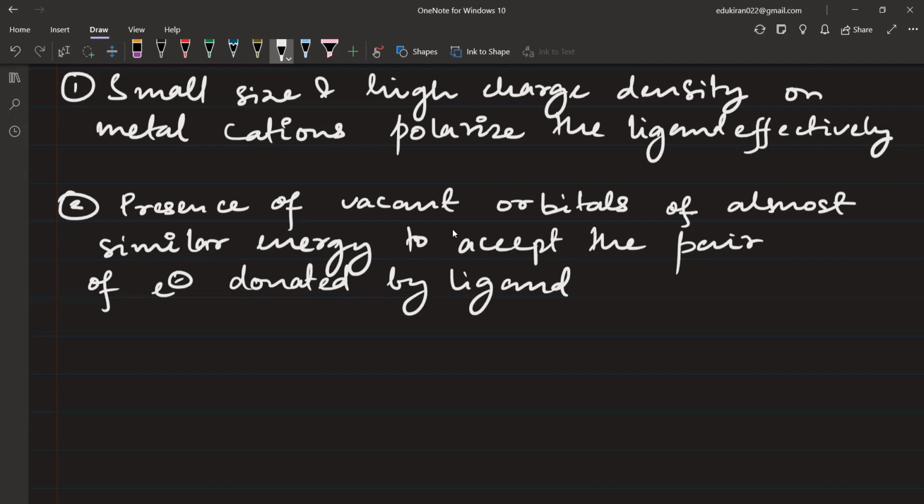Okay, first of all, in the formation of a complex, you should have a metal which is having a coordinate bond with the ligand. First of all, this ligand is having negative charge, or it will be having a high number of electrons. In order to attract it, the metal should be small and it should contain high charge density. And if it contains high charge density, it is going to pull the ligand with its electron very easily. Now, once it has pulled the ligand, the ligand is going to dump its electron, so for that, it needs vacant orbitals.